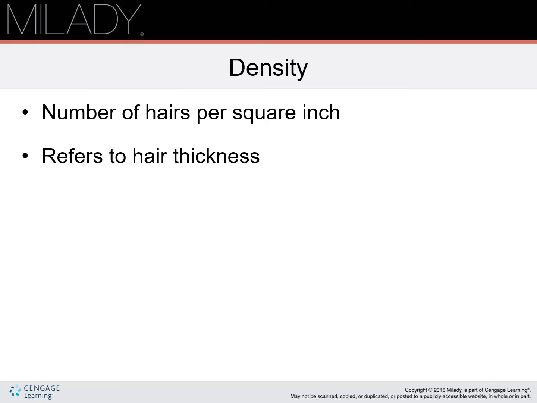Density and texture are the two easiest to get mixed up, but I want you guys to understand that they are two totally different things. Density is how much hair you have, how thick your hair is, and your texture is fine, medium, or coarse. Density affects your hair color application to make sure that you saturate and have full coverage.